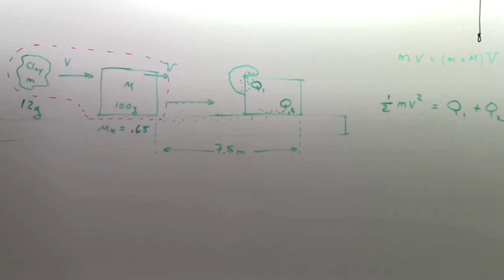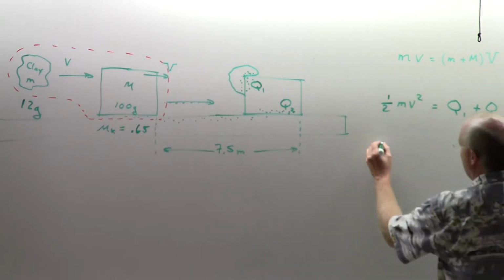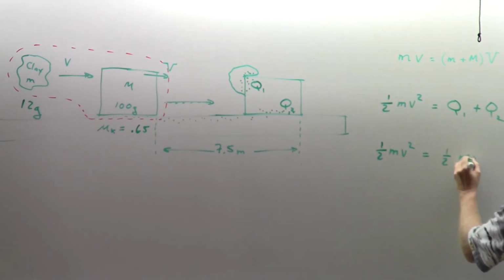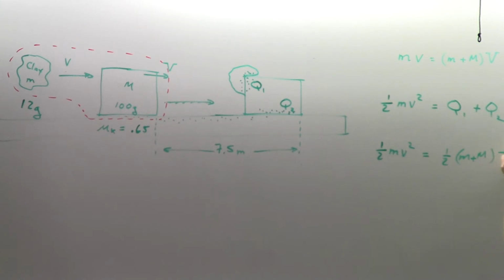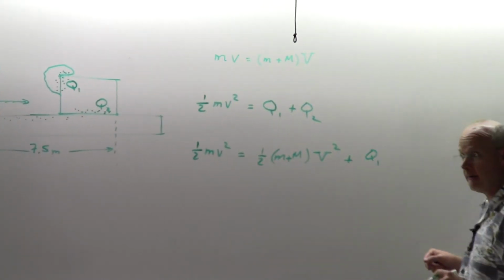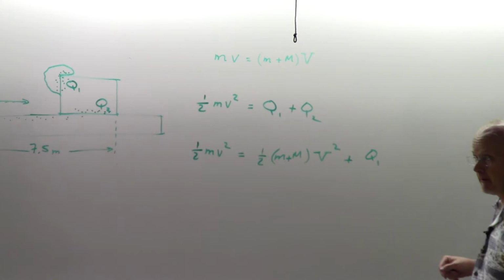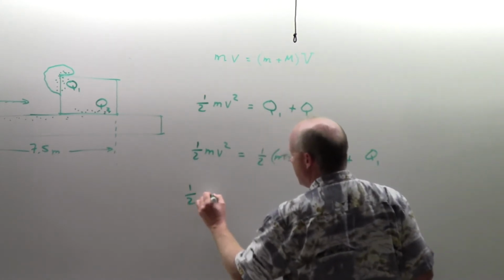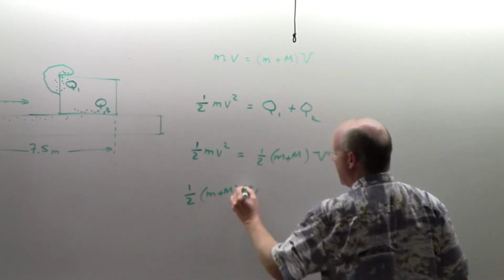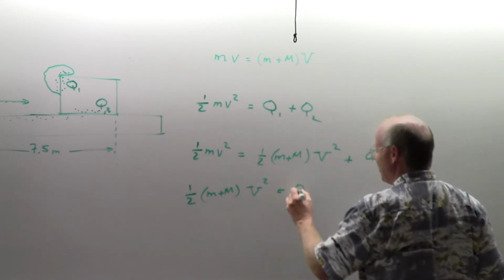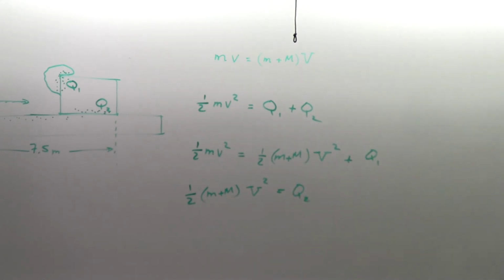If I break those into two pieces, then 1/2 mv squared equals 1/2 (m + M)V squared, adding the two masses together, where V is the speed right after the impact, so this is the kinetic energy right after the impact, plus Q1. And then as I monitor it going across the table, this is the kinetic energy that it has after the impact, and it goes to Q2. Does that kind of make sense?